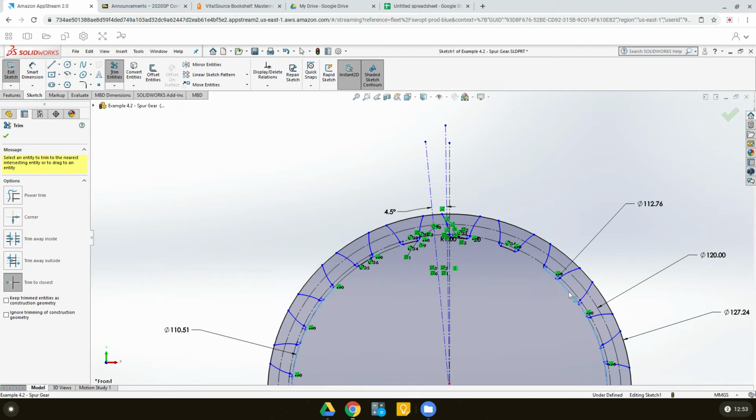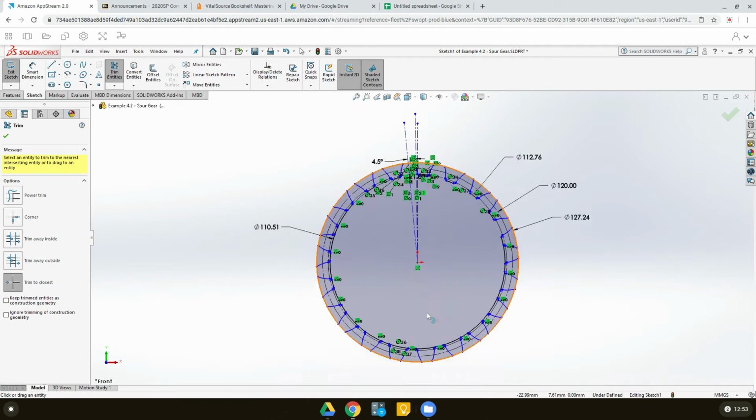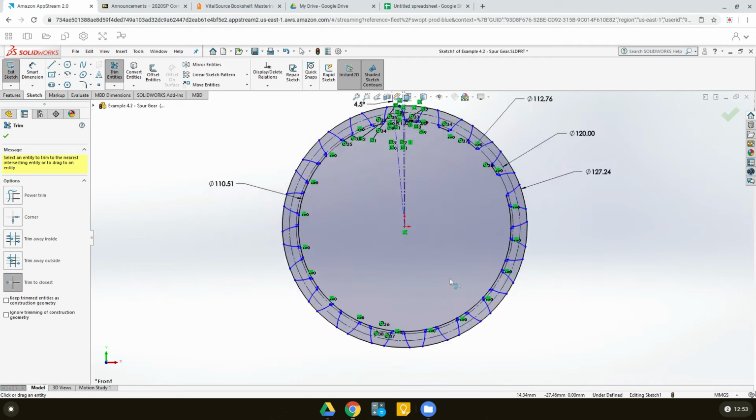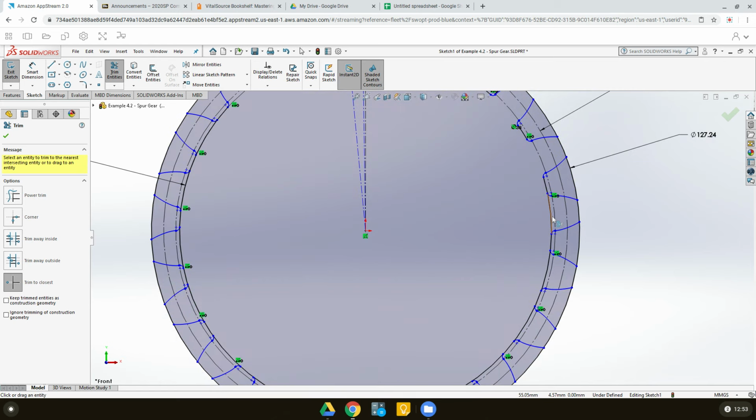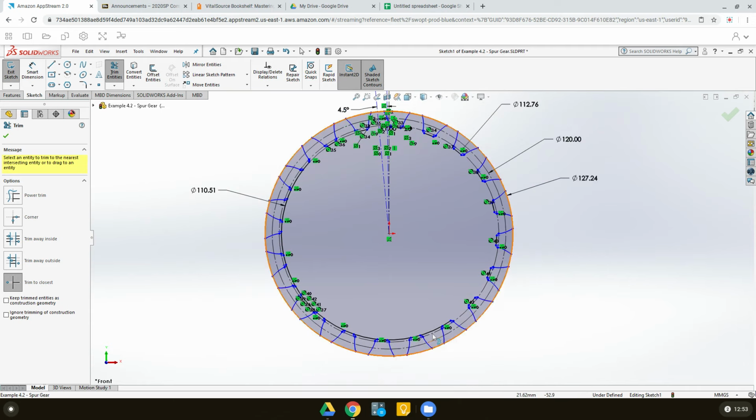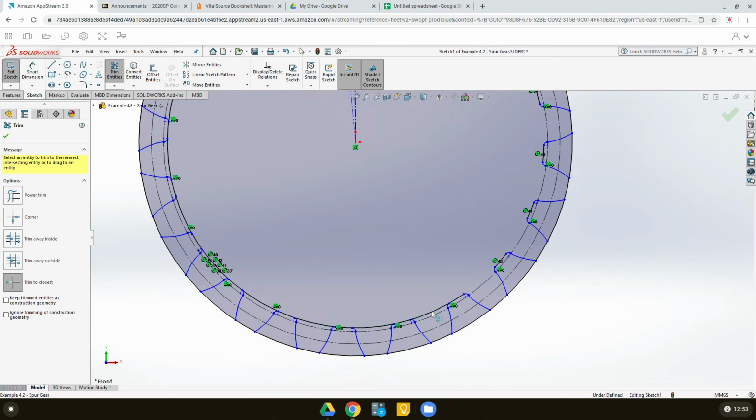I'm gonna continue my chopping very carefully, not chopping things that I shouldn't be chopping. Okay, we gotta be very careful.